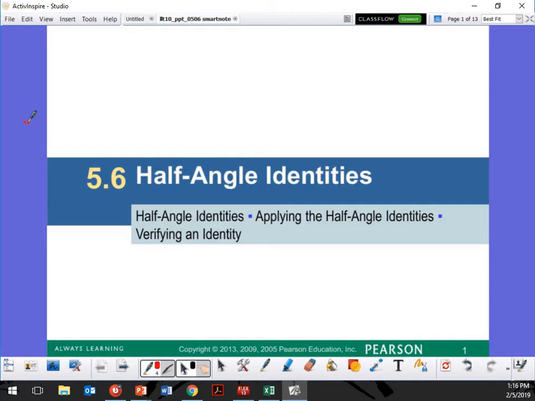So instead of trying to find the cosine of 15 degrees using addition and subtraction, I would say, what is half of 30? 15, right? So that's finding it using addition and subtraction, what we did before. Now we're actually just going to divide it by 2. Does that make sense? Okay, good.